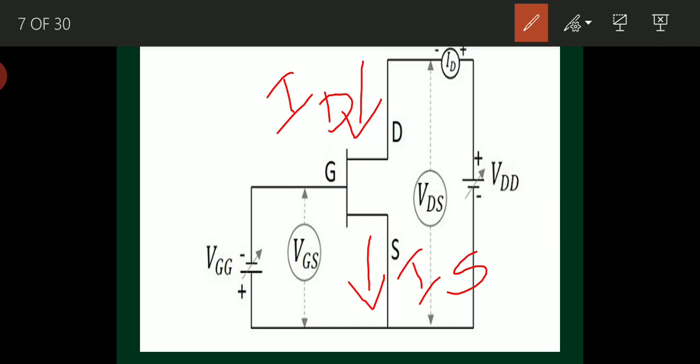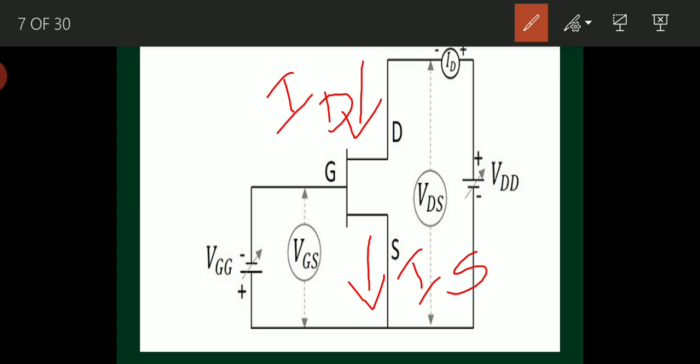And if you take common emitter configuration, then IC equals beta into IB, right? Output current is not equal to input current there, but input current controls output current in a BJT. Here in a FET, the drain current ID is equal to the source current IS, and IG is nearly equal to 0.